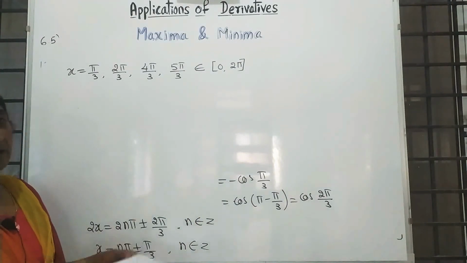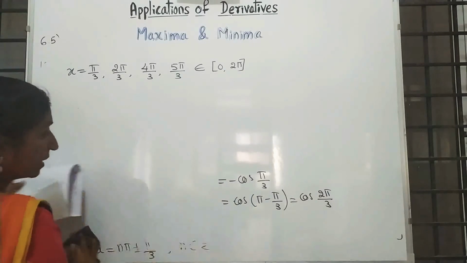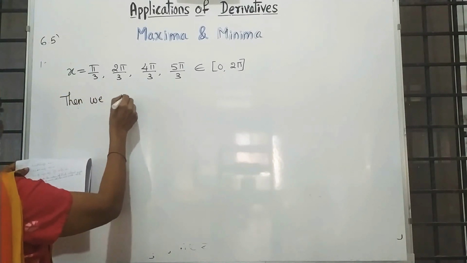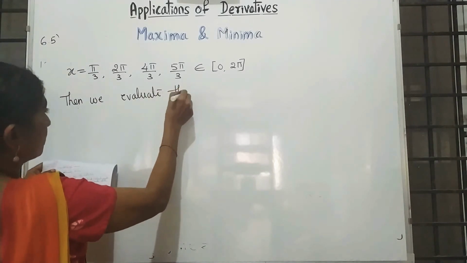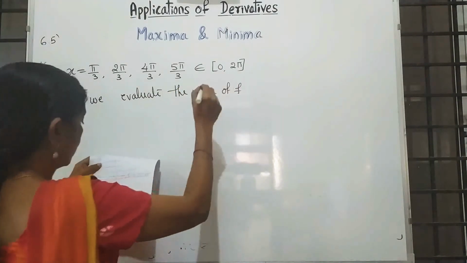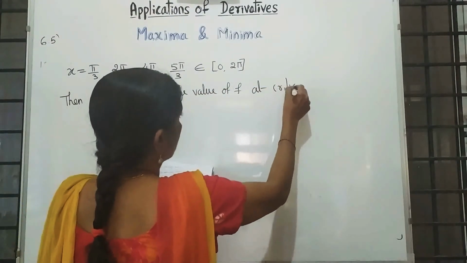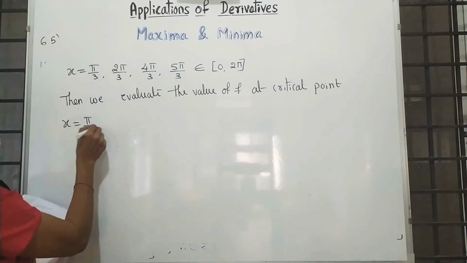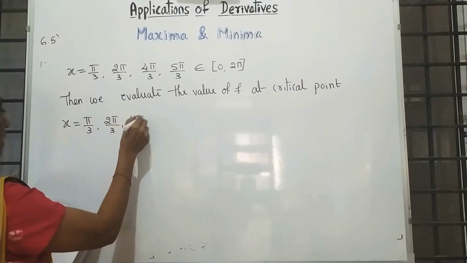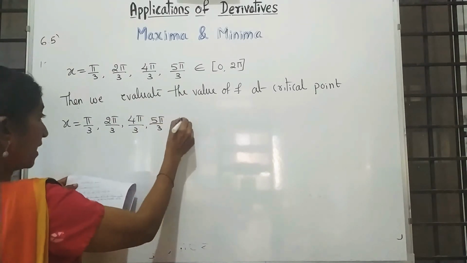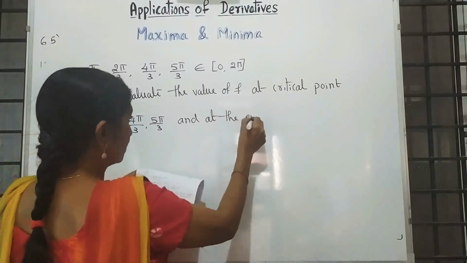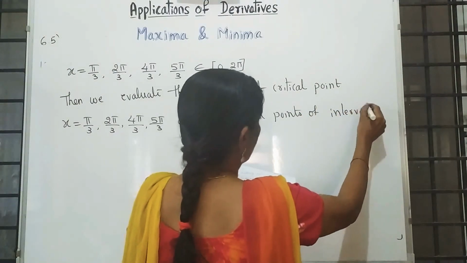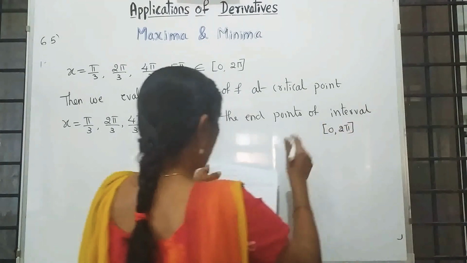Now substitute these values in the equations, at critical points x is equal to pi by 3, 2 pi by 3, 4 pi by 3, 5 pi by 3 and at the end values 0 comma 2 pi. Now substitute the values one by one.